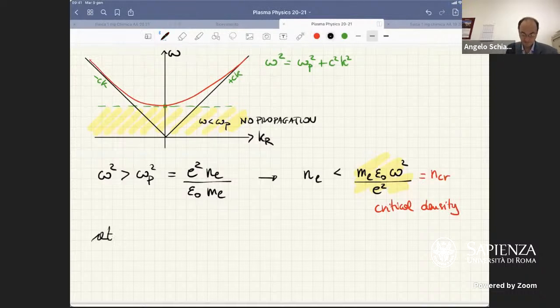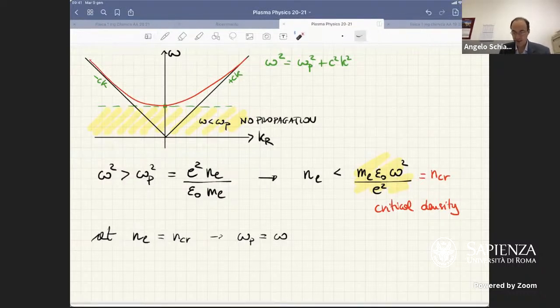At an electron density equal to the critical density, what happens? The plasma frequency is equal to the frequency of the wave. So we say that a given radiation can propagate up to a certain density, which is called the critical density.